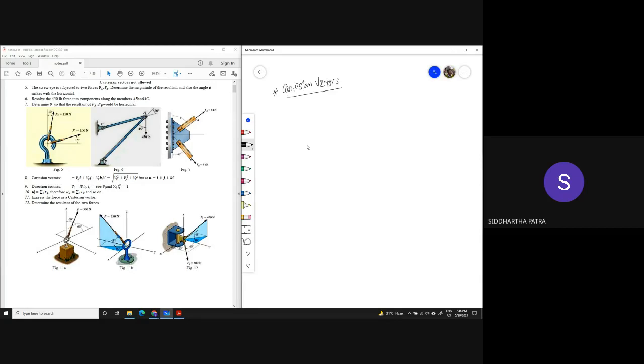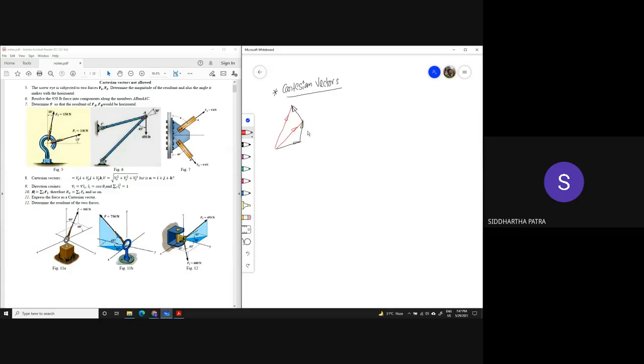Before going into Cartesian vectors, just recall, you probably have heard of something called the polygon law of vectors, which basically means that if you have more than two vectors, you can simply add two at a time and get the resultant for that, and then bring on the next one. But that polygon law, or whatever you might want to call it, is based on the idea that all of these vectors are planar vectors.